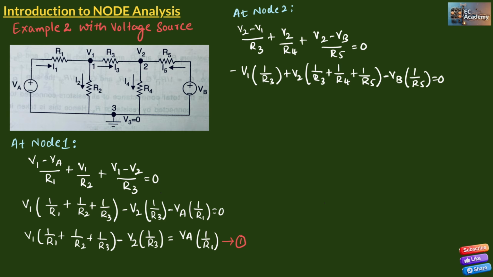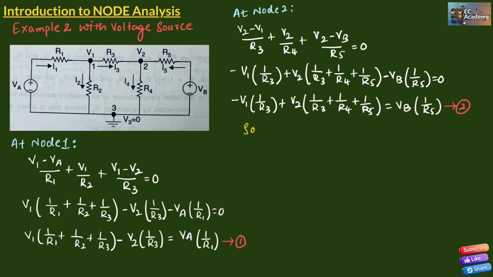Now we can write the above equation as minus V1 into 1 by R3 plus V2 into (1 by R3 plus 1 by R4 plus 1 by R5) will be equal to VB into 1 by R5. So let us call this equation number 2.